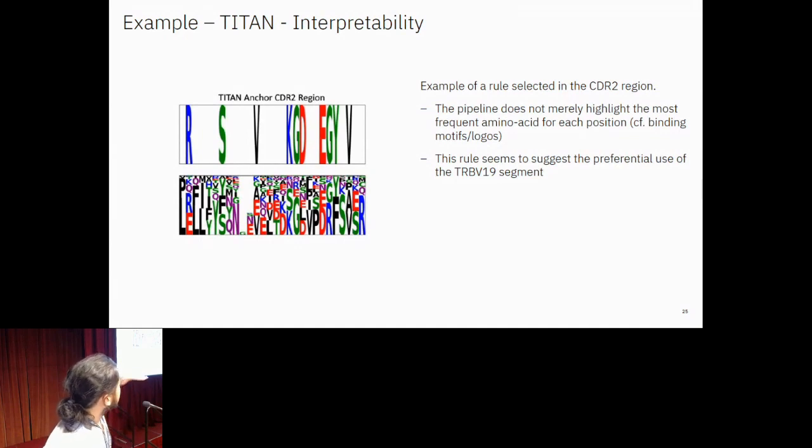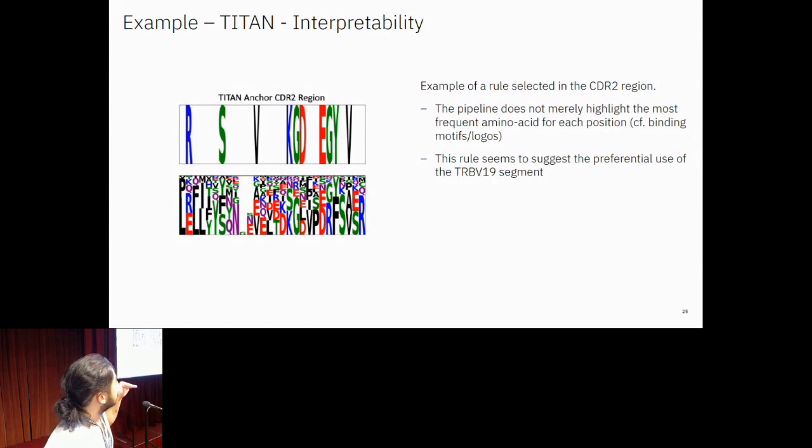But there are two quick comments that we can make on this. In the lower figure, you can see just a motif, just a logo, so basically a frequency counting of the amino acids in your data set. And on top is the actual rule that the pipeline has computed.